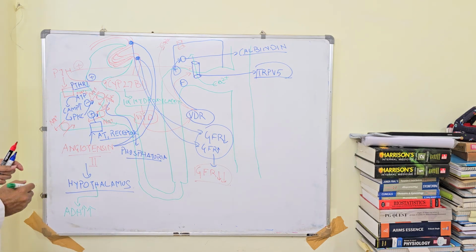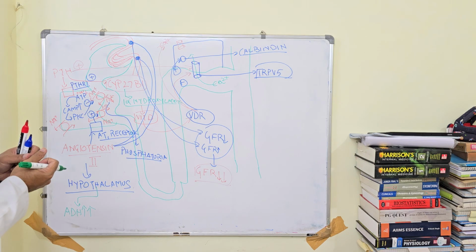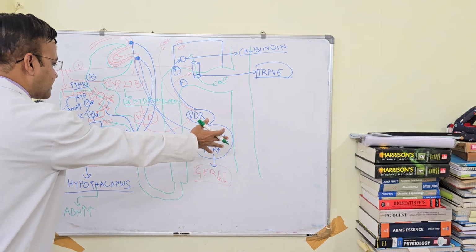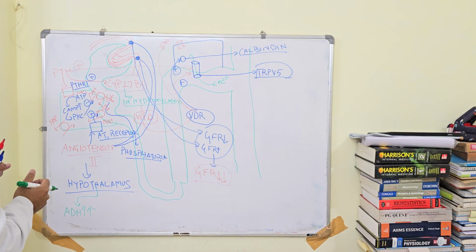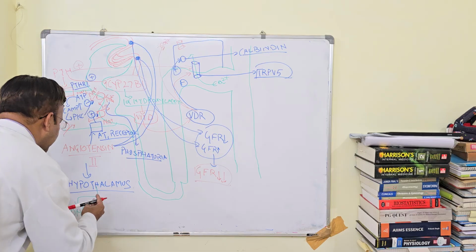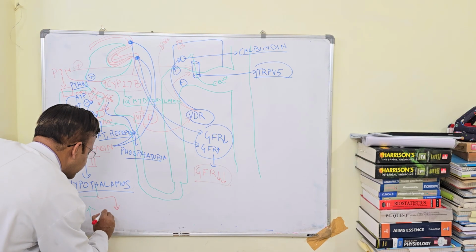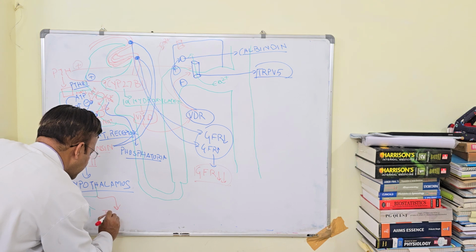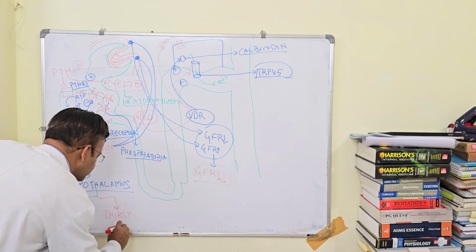And what will ADH do? ADH will further absorb water from this filtrate by acting on the collecting ducts, right? So it will further reduce the quantity of urine. What else does it do? It can increase the thirst. It can stimulate the thirst center by acting on the hypothalamus.